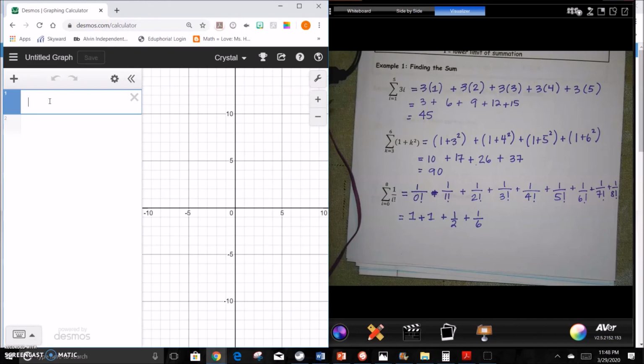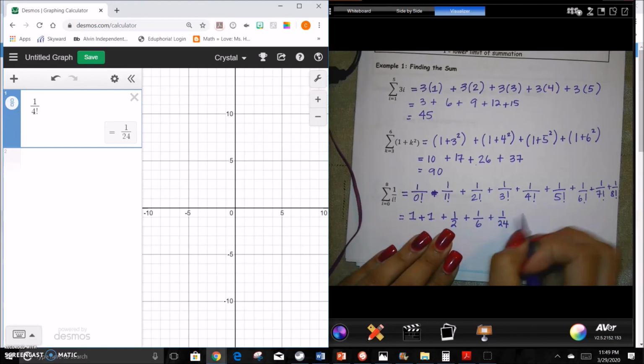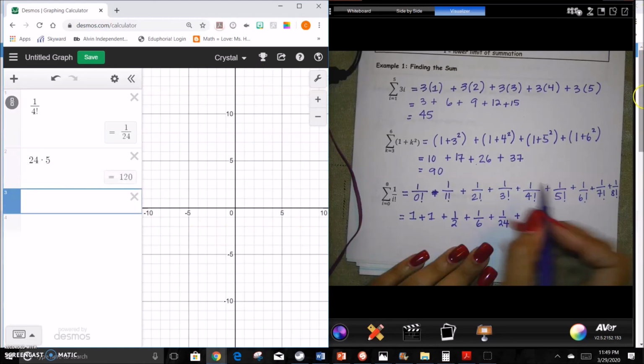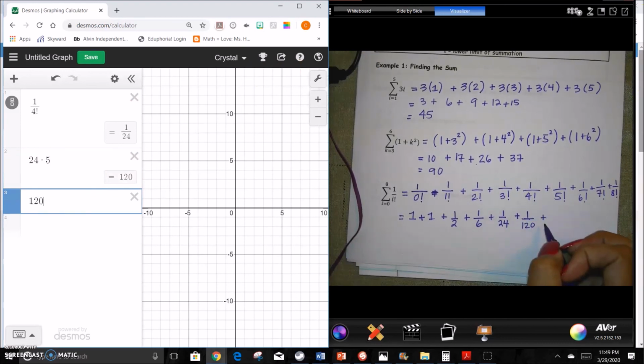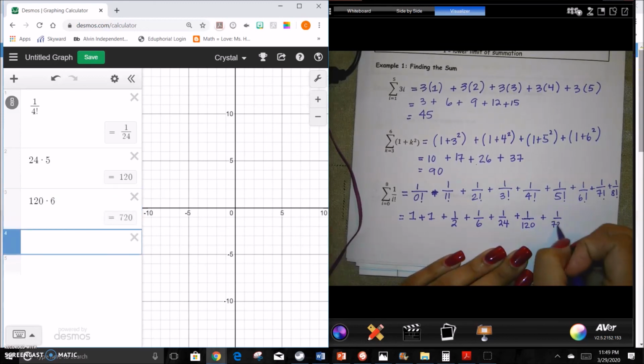So I want, just to show you you could do this in your calculator, 1 divided by 4 factorial, and I want to change it to a fraction by clicking on the blue circle, is 1 over 24 plus, okay, so 24 times 5 is 120, so that's 1 over 120. 120 times 6 is 720. 1 over 720 is 1 over 6 factorial, plus 1 over 7 factorial.